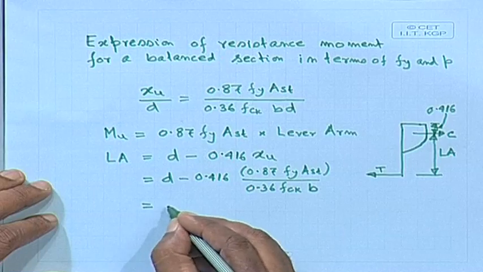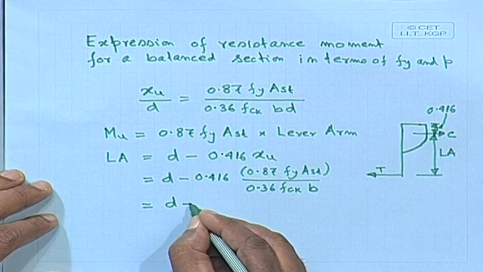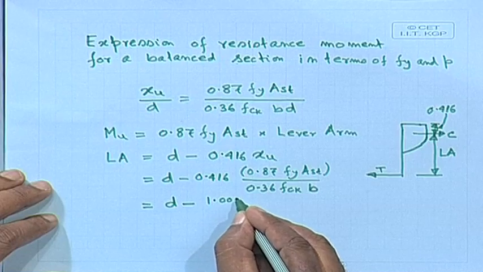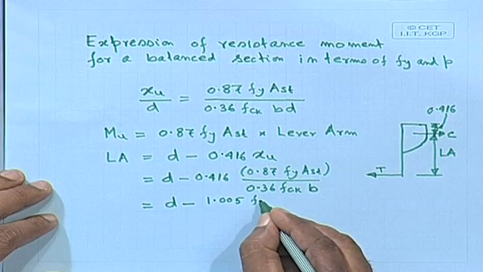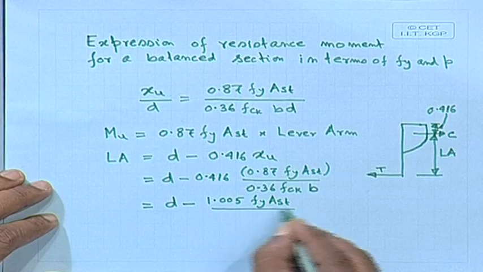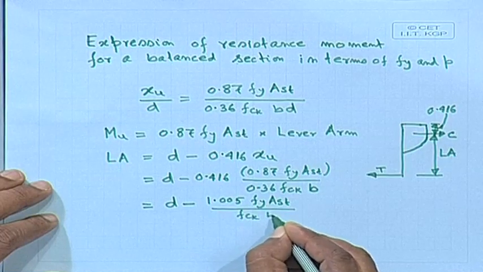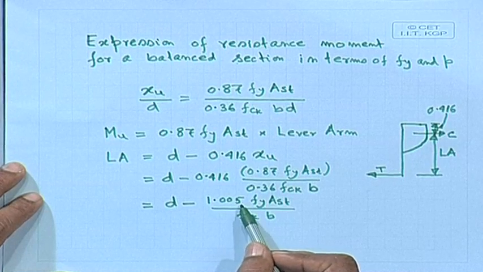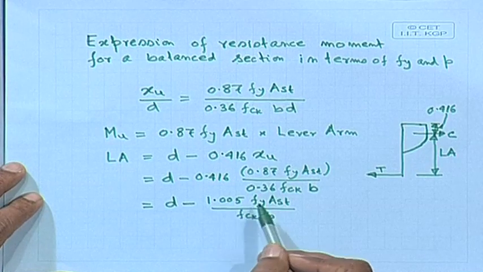We can write down it as D minus 1.005 times FY AST divided by FCK B. Instead of going to that precision 1.005, we can simply take it as just 1.